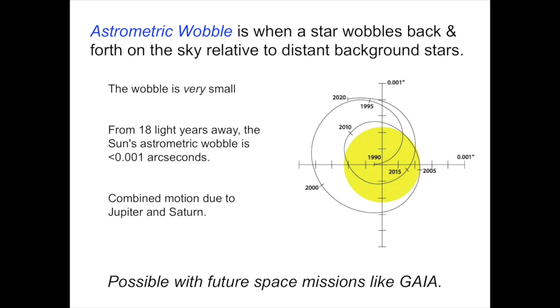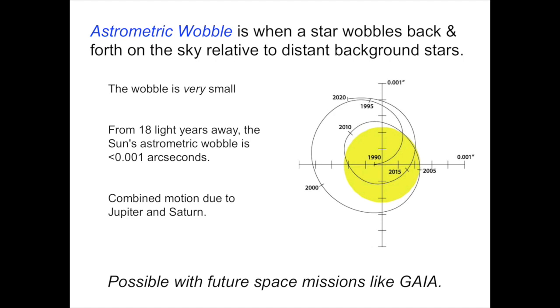This method is currently not accessible to other stars, or is only just becoming accessible with the recent launch of the Gaia satellite, which can measure the motions of nearby stars with respect to the background stars down to of order 10 microarcseconds precision.